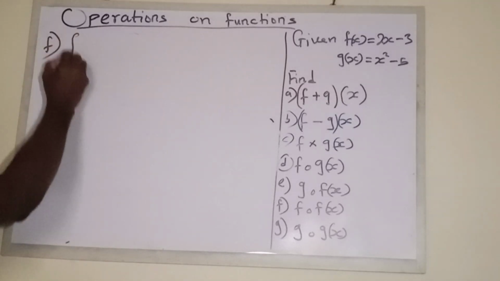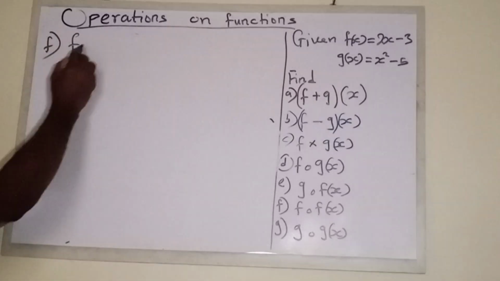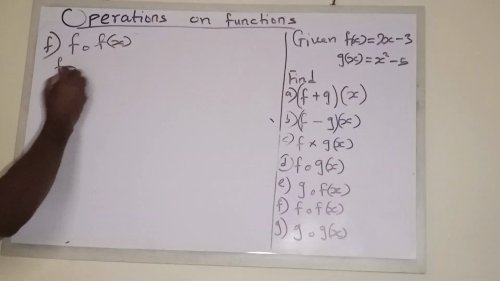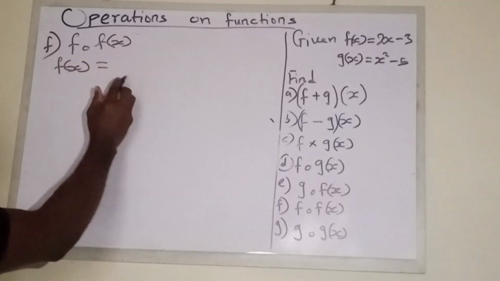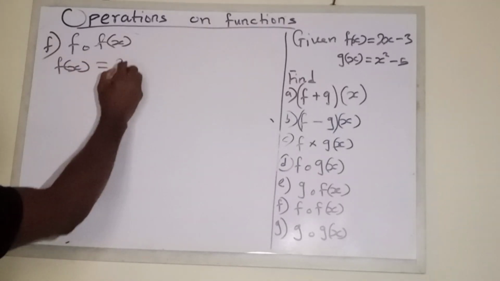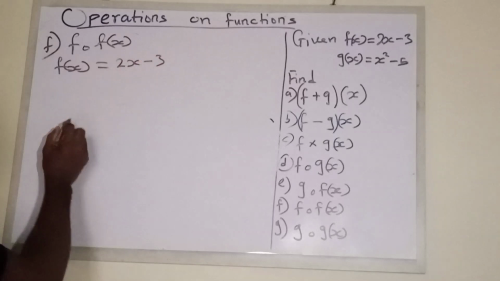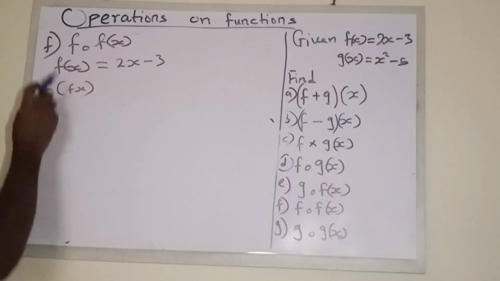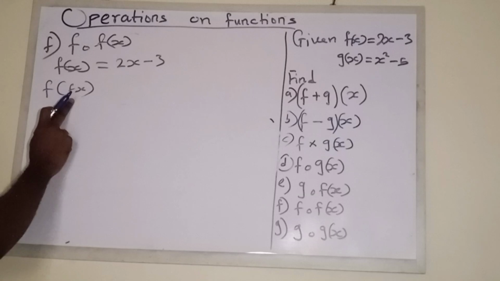Next is the composite function of f composite f of x. So the same thing here, we know our f of x is equal to 2x minus 3. So the function of f of x, that means this f sees this as x.